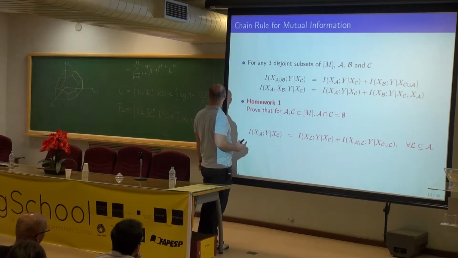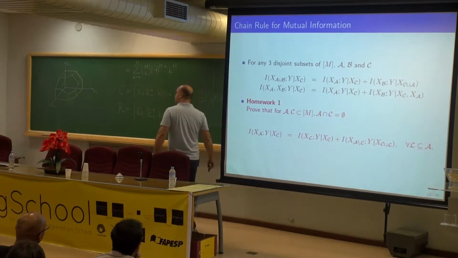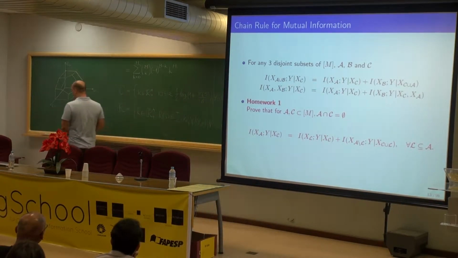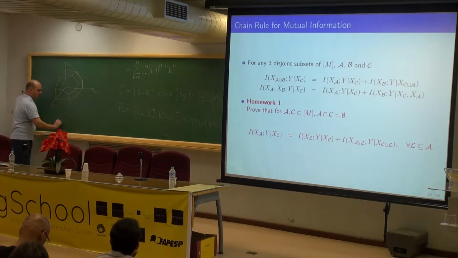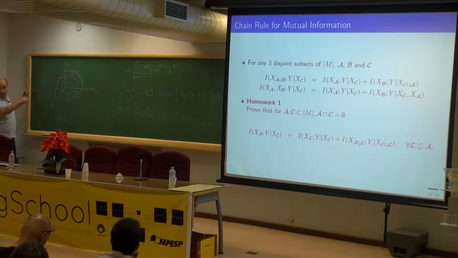Something that appears there. So you have H of Y given XC minus H of Y given XC union A. That's the mutual information on the left.